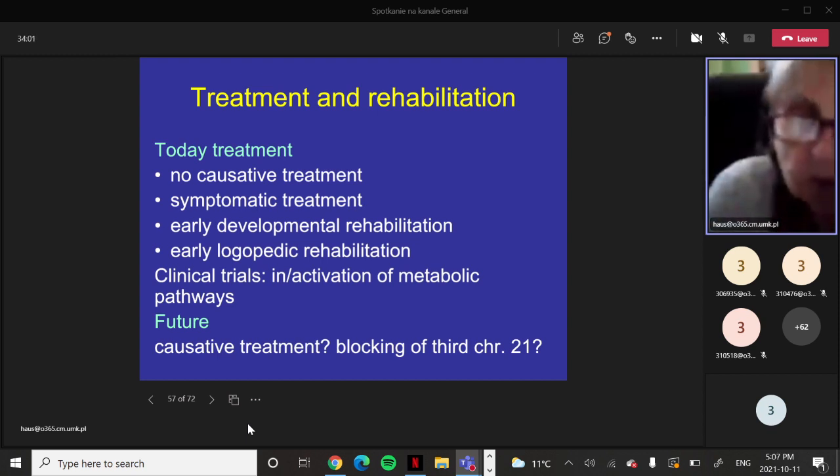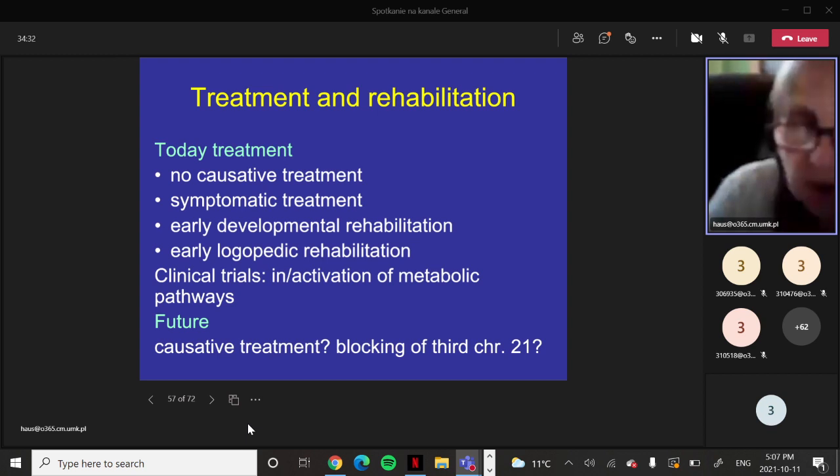But I should remind you that treatment doesn't mean cure. We will treat people with Down syndrome more effectively, but it doesn't mean that it will be possible to completely cure them.